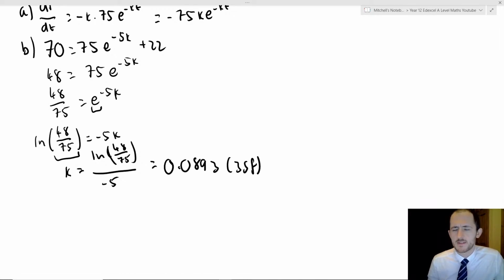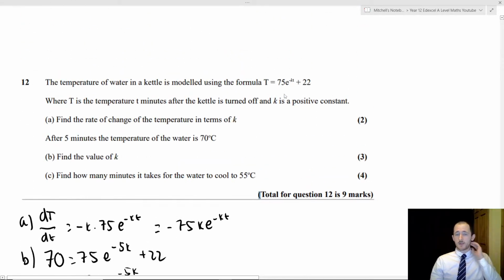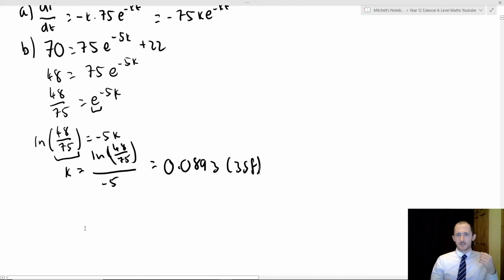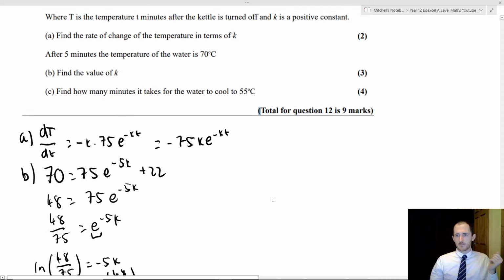If you're wondering why these numbers are so ugly, it's because these equations don't come out of thin air. k and these constants tend to be very small or very weird numbers. The universe doesn't really play by our rules in terms of having whole numbers. We're not normally lucky.